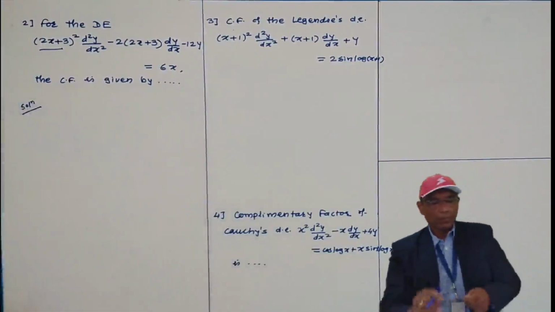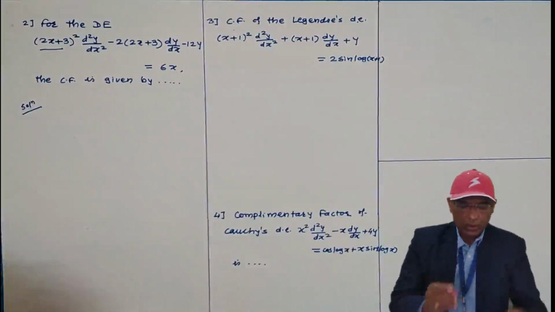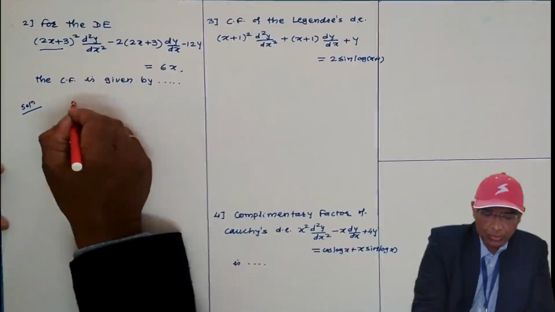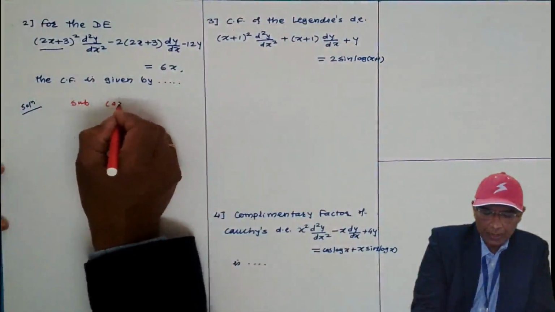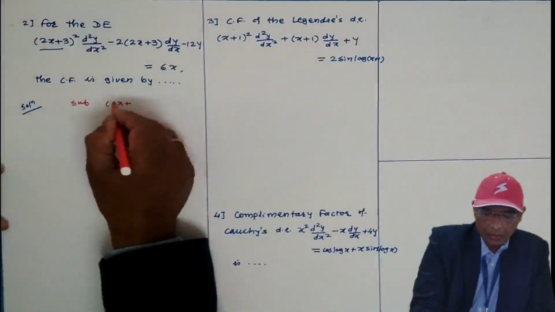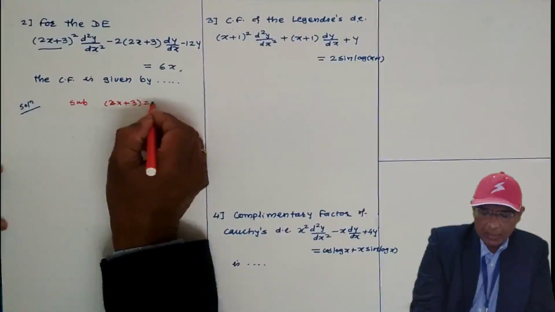Now how to find out the complementary function? First of all, the substitution we have to do. The substitution is ax plus b, or here 2x plus 3, equals e power z.